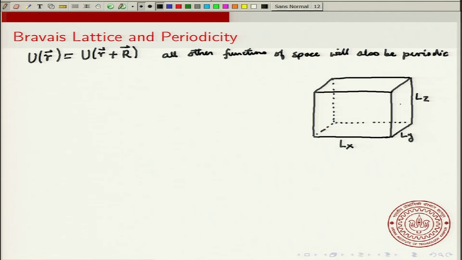Now, what we will do is we will take this lattice parameter Lx, and Ly and Lz, as integer multiples of the unit of translation of the Bravais lattice. I will call it A1, A2, A3.